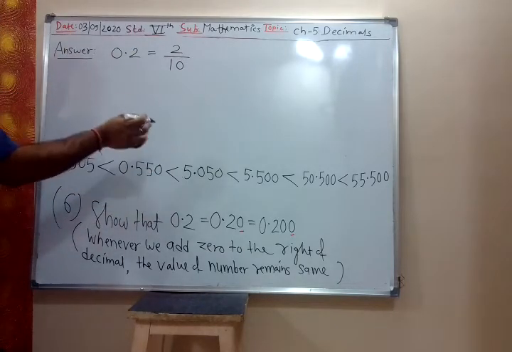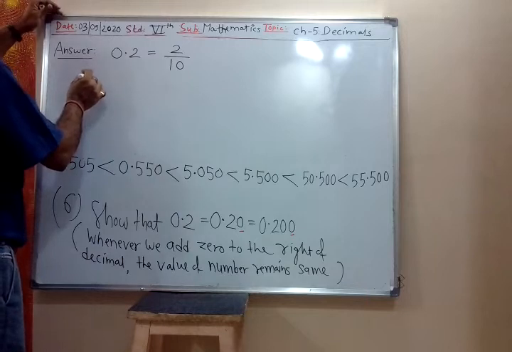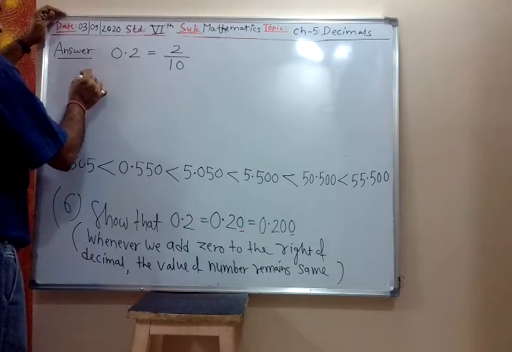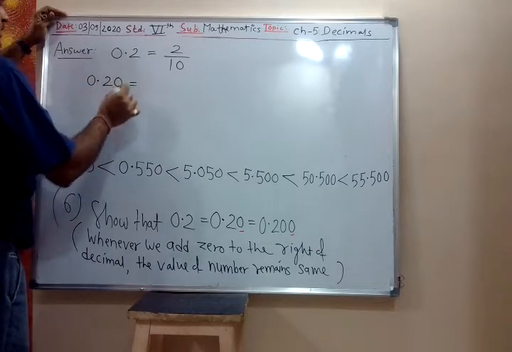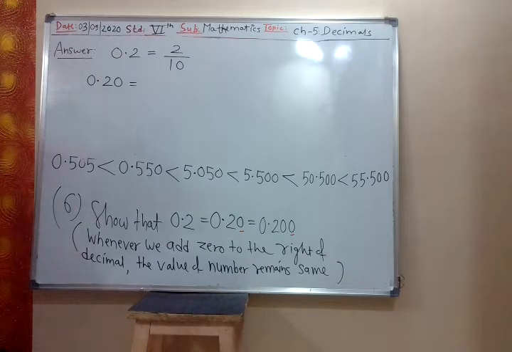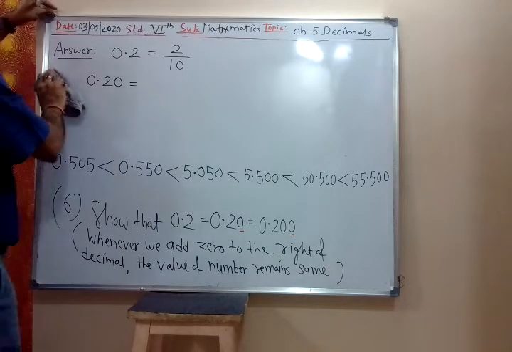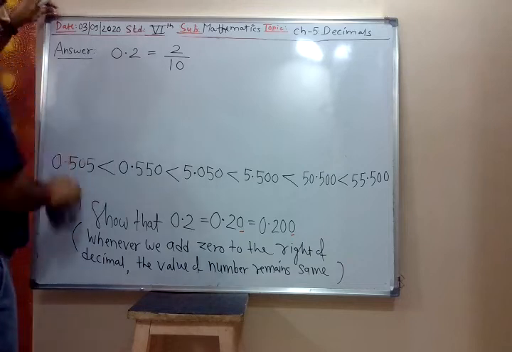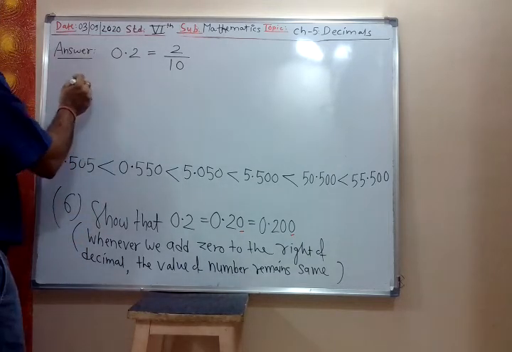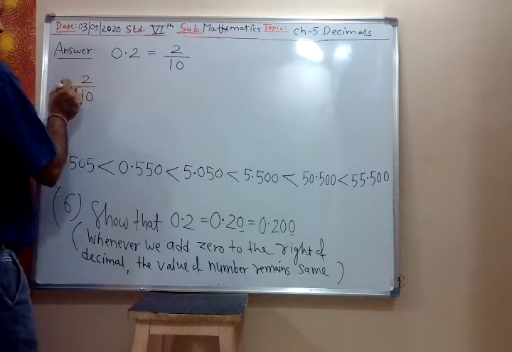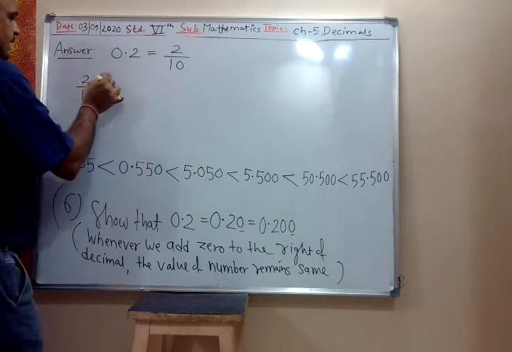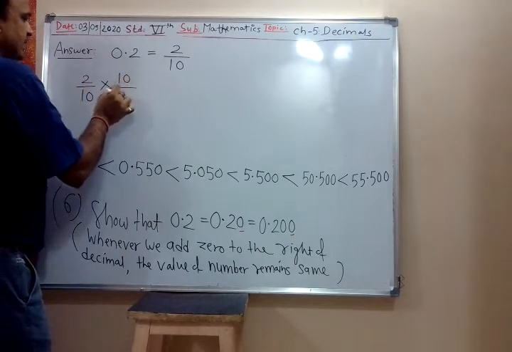Let us see what is 0.20. Yes. This 2 upon 10, we multiply by 10 and divide by 10.